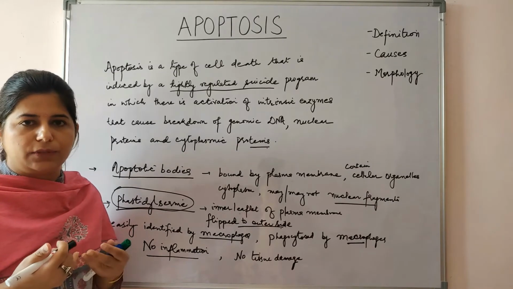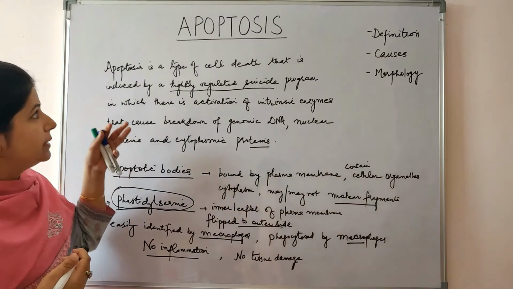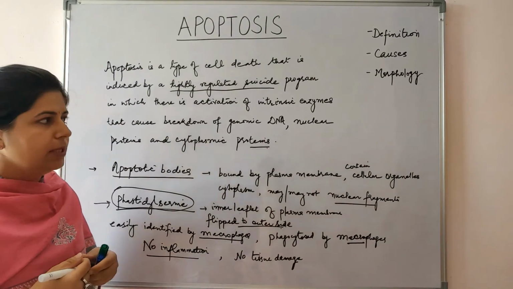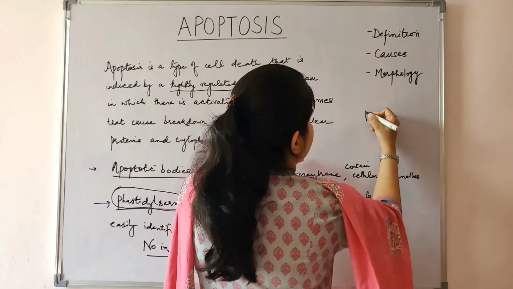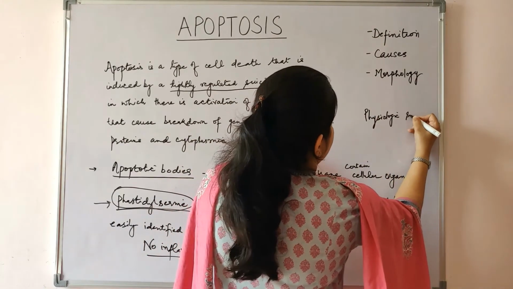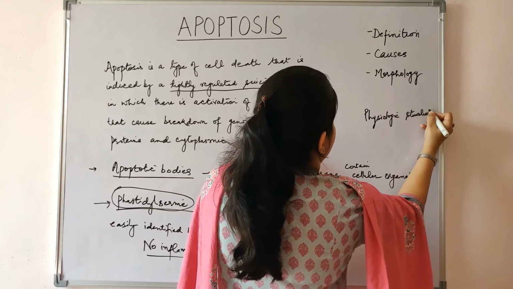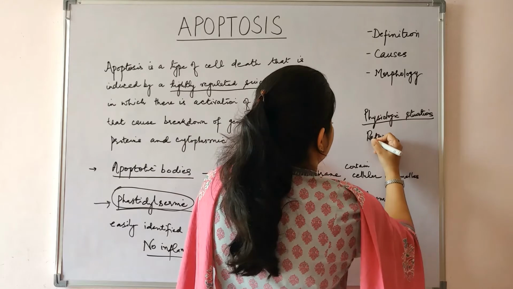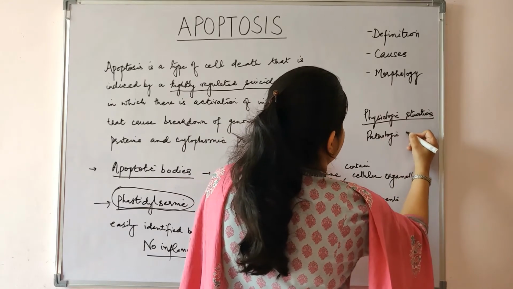The cause of necrosis was pathologic, whereas apoptosis can be seen in physiological conditions also. So it is seen in both physiological situations as well as in some pathologic conditions. It is a mode of cell death.